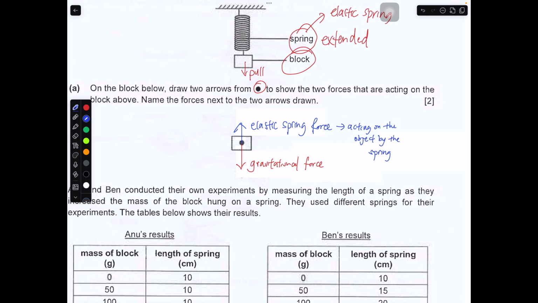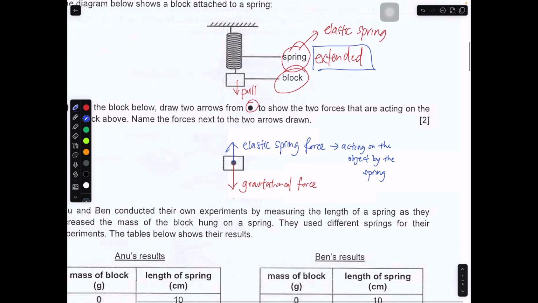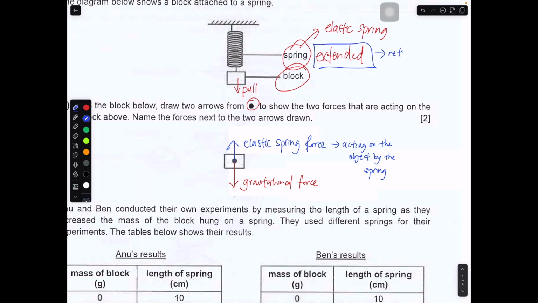So when the spring is being stretched or extended, it will want to return to its original length. To do this, the spring will want to stretch back, so that will be the direction of elastic spring force.